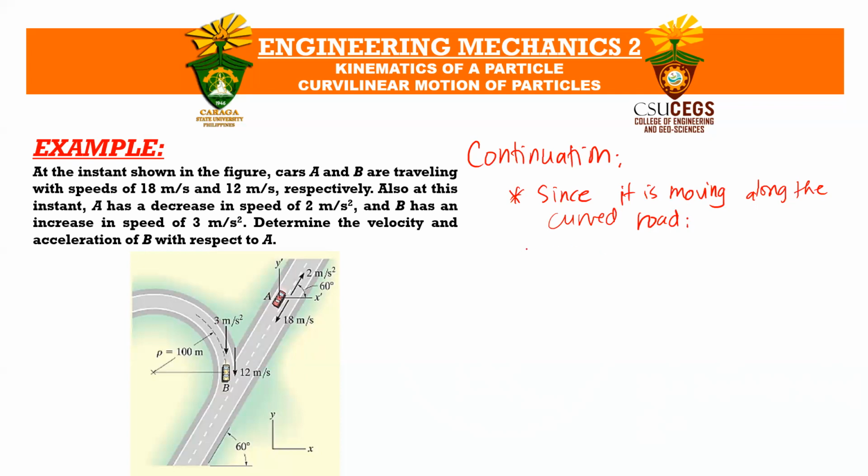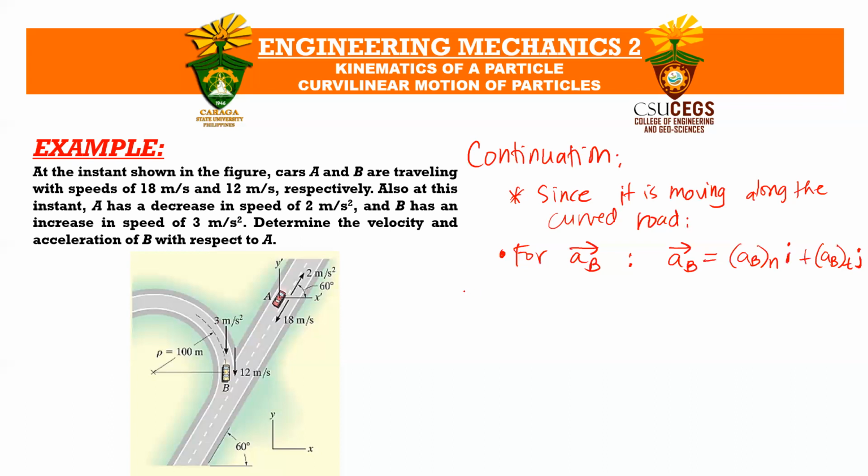So for the acceleration of car B, the vector form would be equal to its normal component, represented along the x component, plus the tangential component, which is represented along the y-axis.